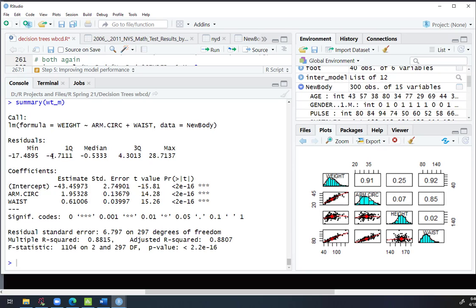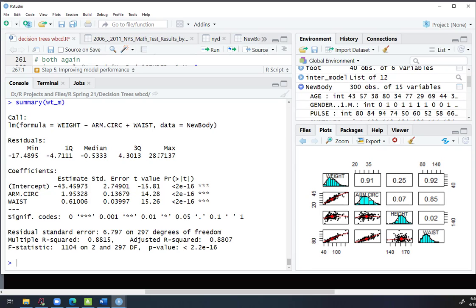And remember the rule of thumb that says that the range divided by 4 is going to be just about what the standard deviation is. Well, a real quick computation here. This is about negative 20, and this is about positive 28. And so that would be 48 divided by 4.